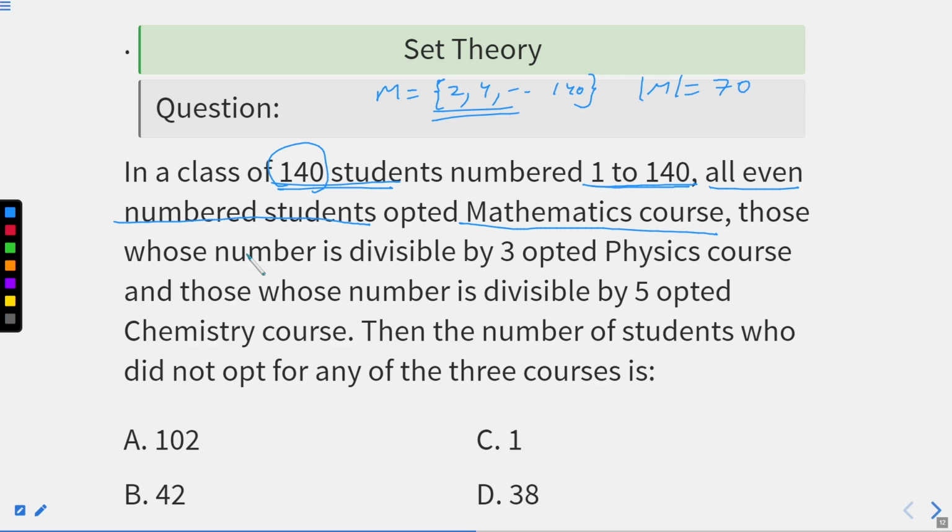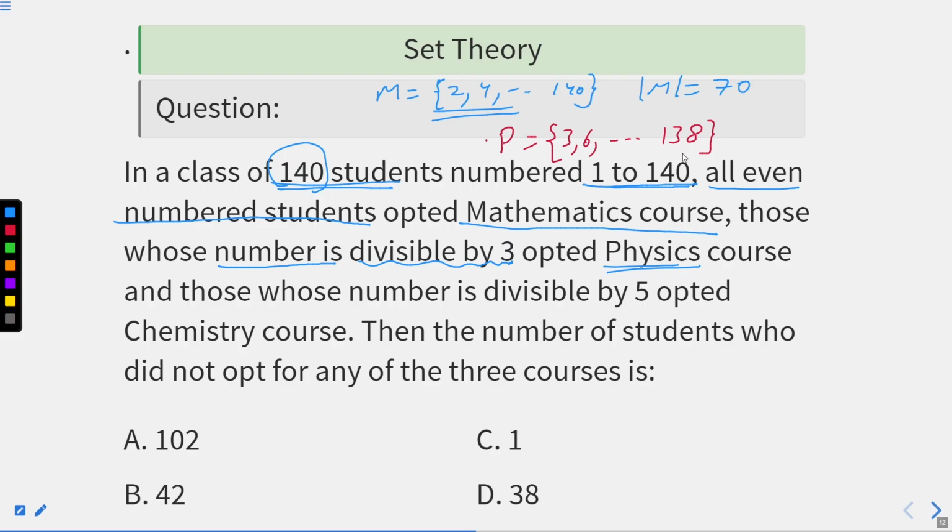Now the number of people who opted for the physics course is the students whose roll number is divisible by 3. So the students whose roll numbers are divisible by 3 opted for physics, that is 3, 6 till 138.